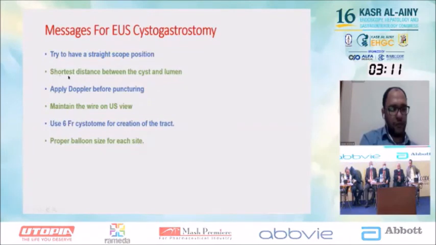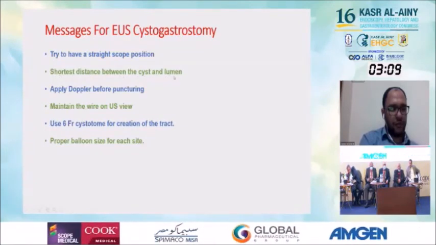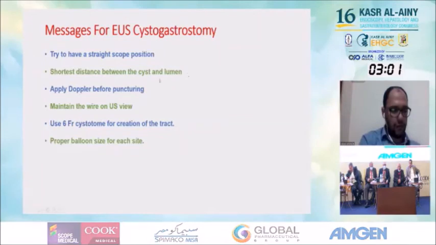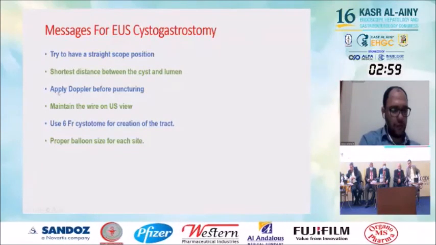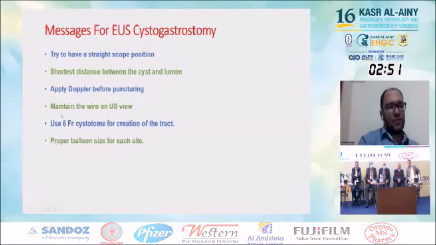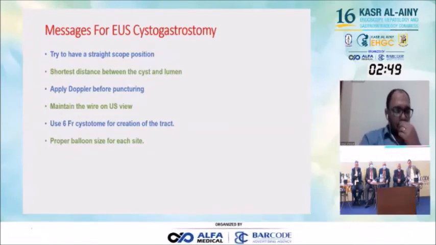Try to have the shortest distance between the cyst and the lumen to decrease the incidence of complications, especially perforation and peritonitis. Before puncturing, apply Doppler to decrease the incidence of bleeding. To make the procedure easy and short, maintain the wire in the EUS view all over the procedure.